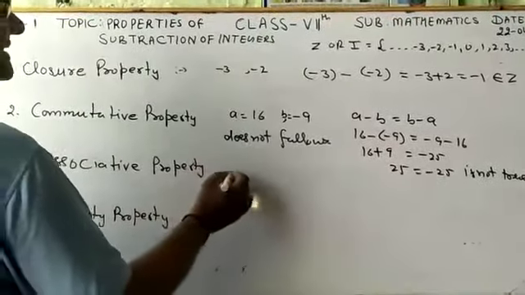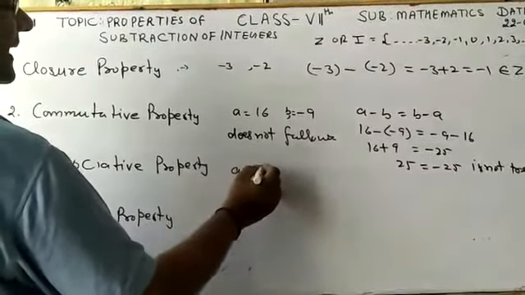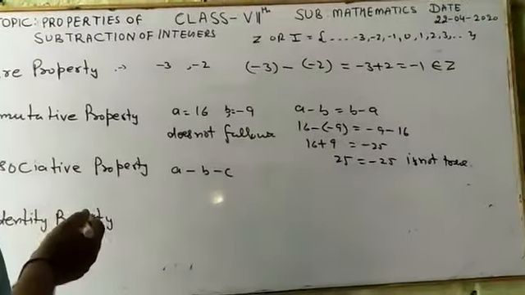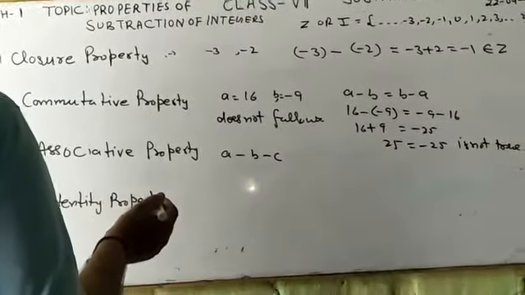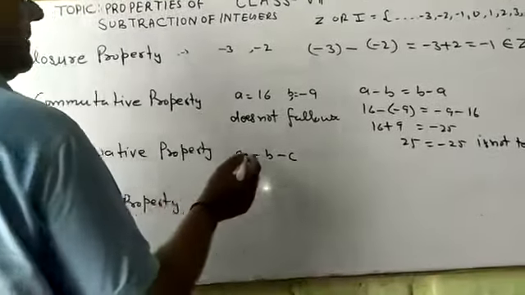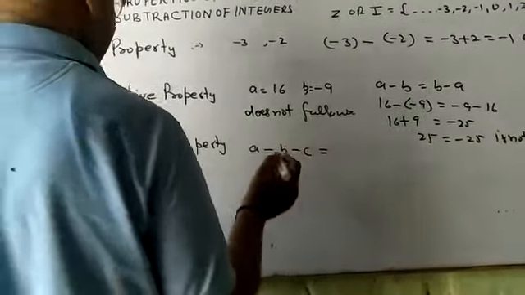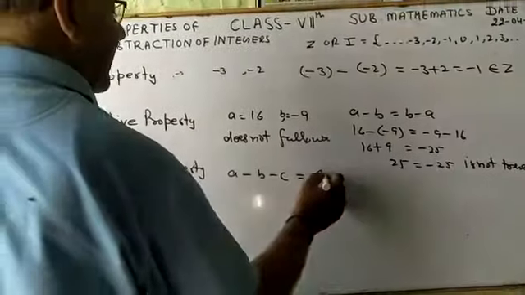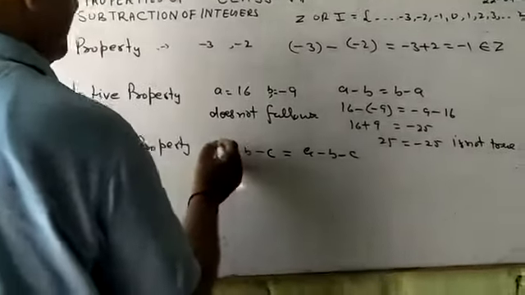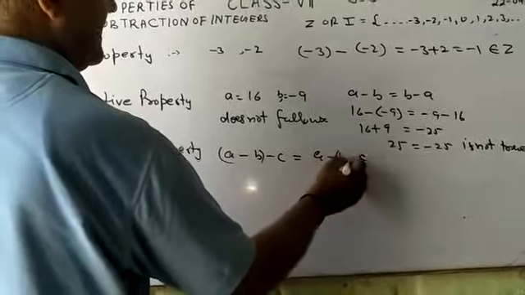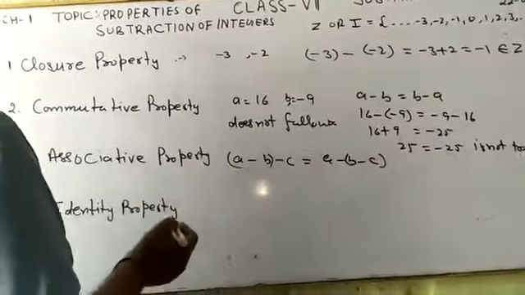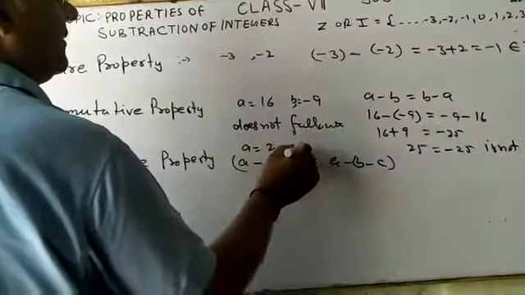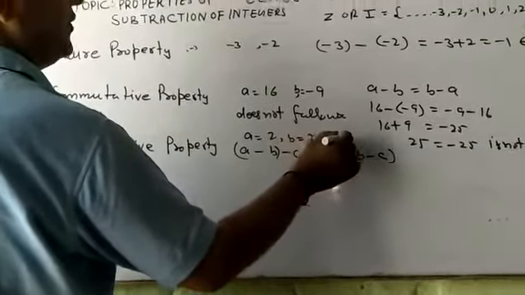Now we take three integers, a, b and c, and apply a minus b minus c equal to a minus b minus c, with brackets placed differently on each side. Check: a equal to 2, b equal to 3 and c equal to 4.